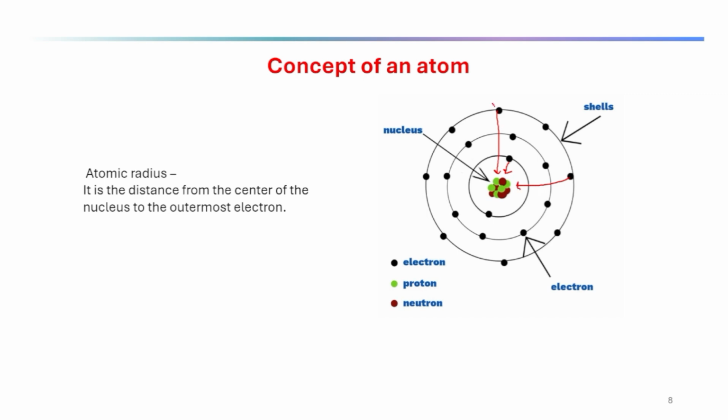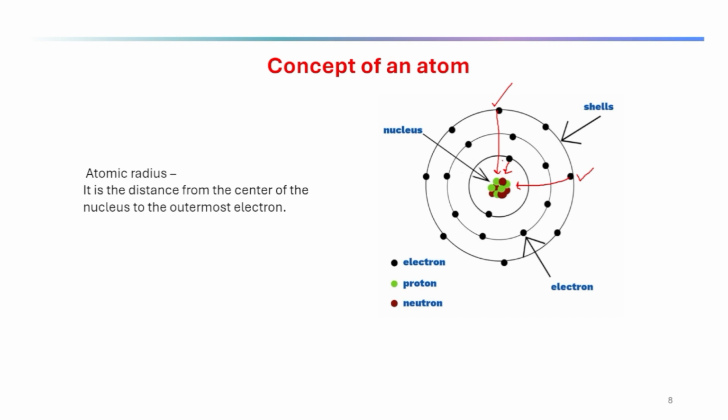You can determine this from the effective nuclear charge, which I showed you in the previous video: how to calculate the shielding effect or screening constant, and how to determine Z effective. Based on that, you can understand how much attraction there is for each of these electrons.